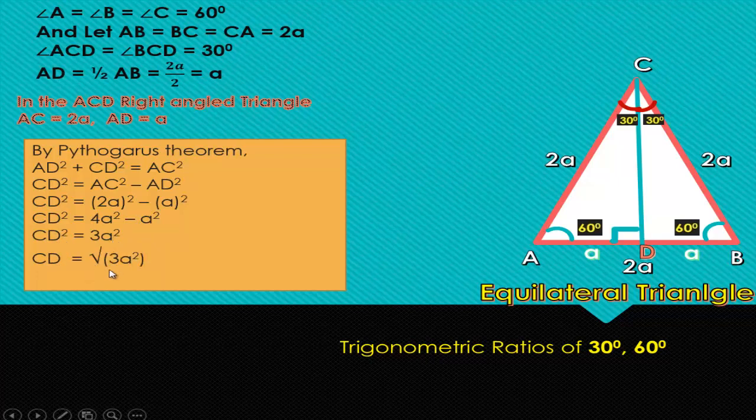CD equal to square root of 3A square, that equals square root of 3 into square root of A square. Here square root and square get cancelled, it remains A, that is root 3 into A or A root 3. So we got the length of CD as A root 3.